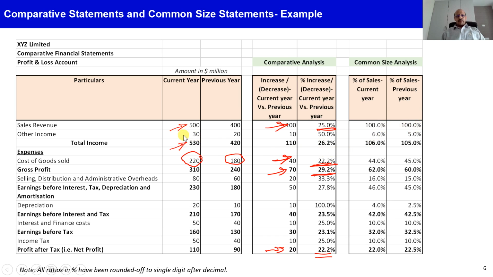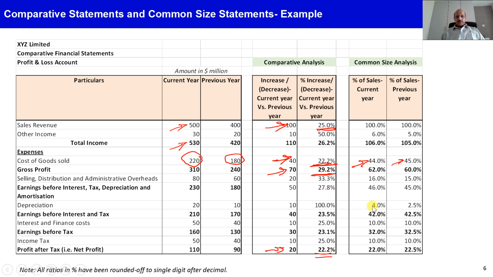So 30 with respect to 500 is 6%. Each and every number of the P&L is expressed as a percentage of the sales revenue. Here we can see the cost of goods sold is 44% of the sales revenue in the current year, whereas it was 45% of the sales revenue in the previous year.